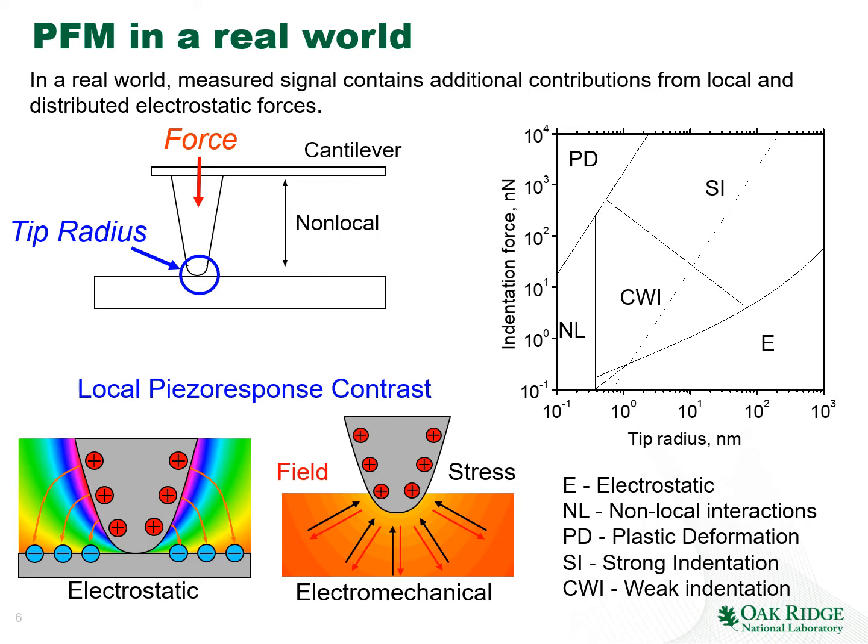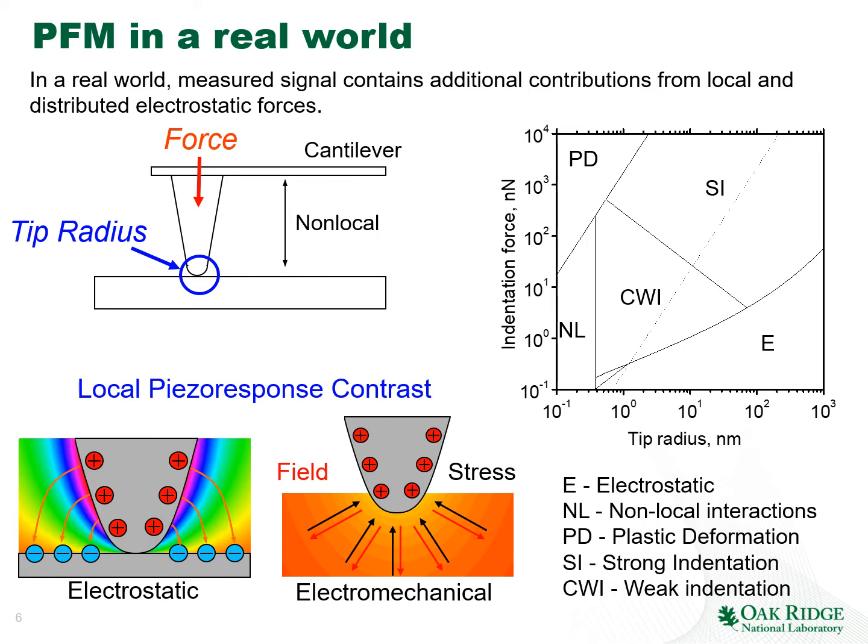Basically, this is the force between the tip and the surface due to just electrostatic interaction, just capacitive forces, which also results in the tip indentation in the surface. And the third contribution is the non-local forces between the cantilever and the surface. So these forces result in the cantilever bending, but as we have seen, this cantilever bending is also detected as the vertical displacement of the probe.